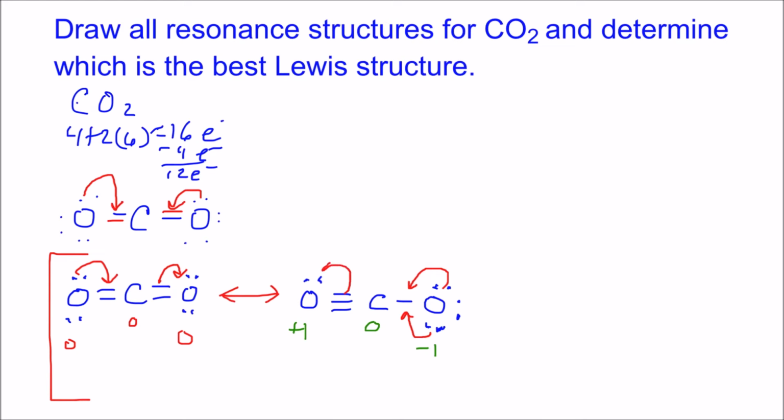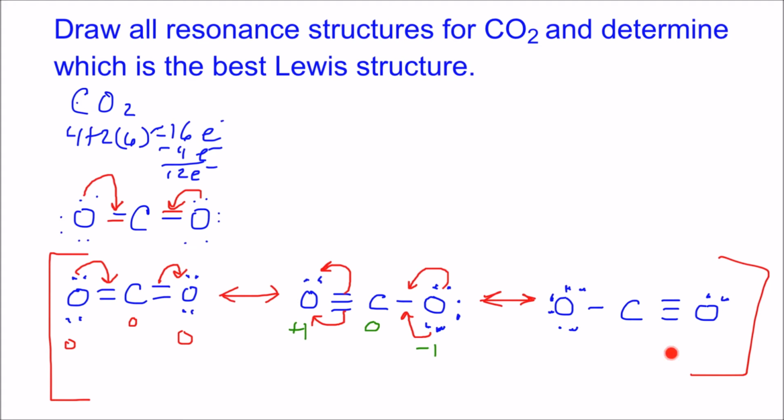So we need to break a double bond and send it back over here to become a lone pair, and we need to break another bond and send it over here to be a lone pair. Okay? So we end up with this structure.